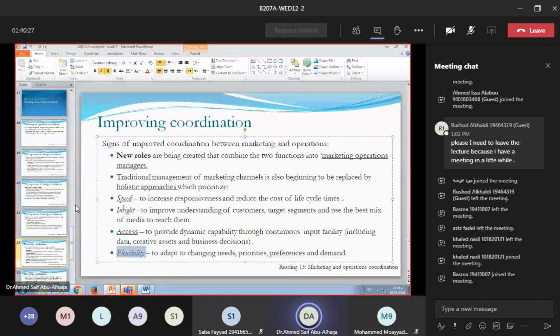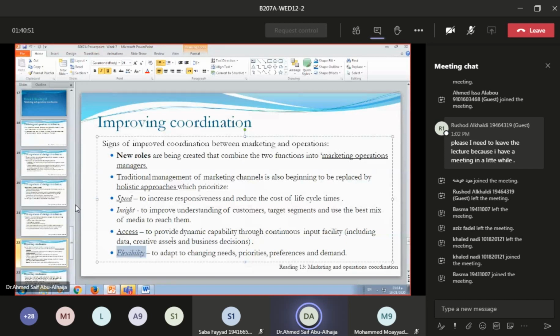So something already mentioned from before, right? Speed to increase responsiveness, right, and to reduce the cost of life cycle times. Insight to improve understanding of customers, target segment, and use the best mix of media to reach them.